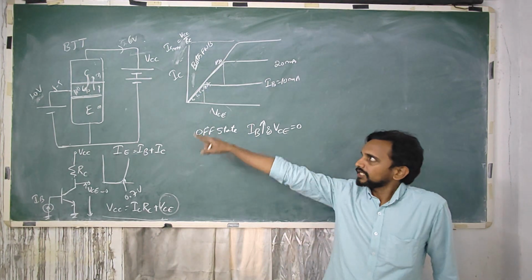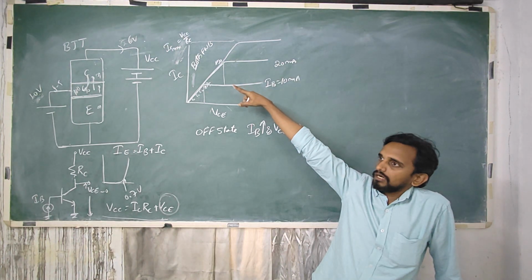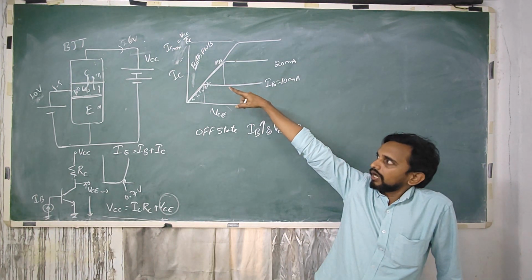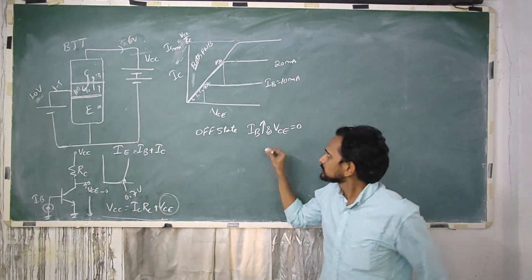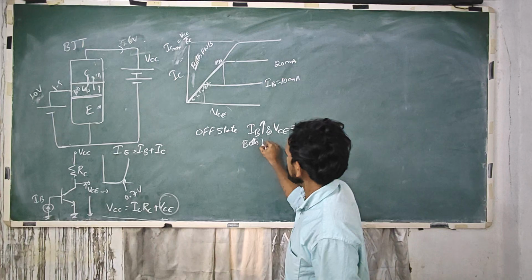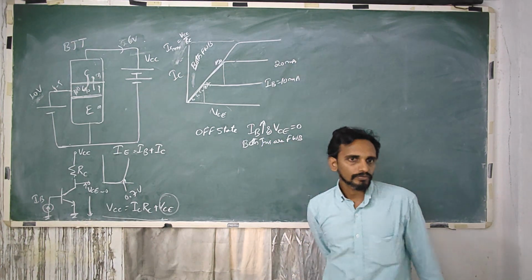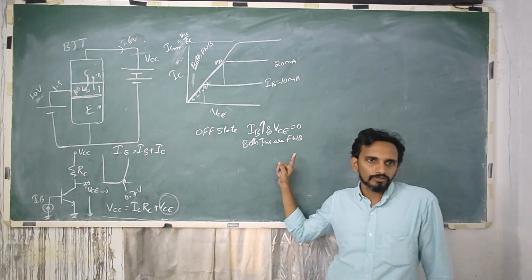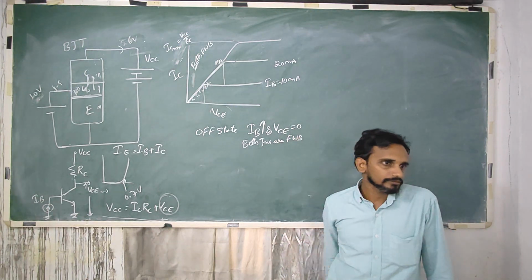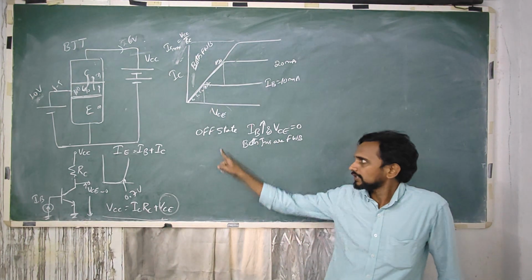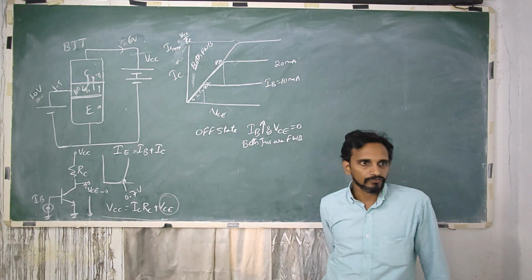If the input current is very large, our input potential is very high, so that the second junction, the collector base junction, is also forward biased. So both junctions are forward biased. Both junctions are forward biased, the input current is very high, and the output voltage is 0. This is called the off state. So when the input is very high, the transistor goes off.